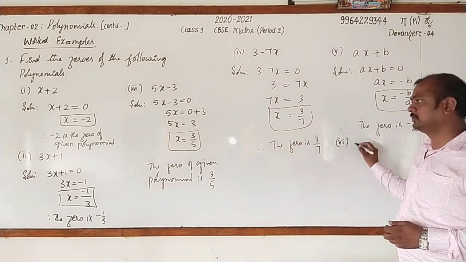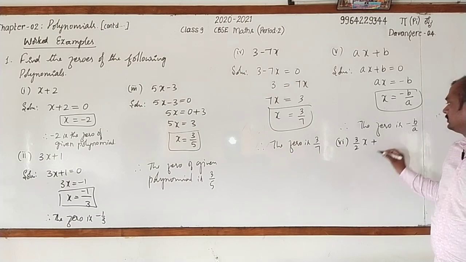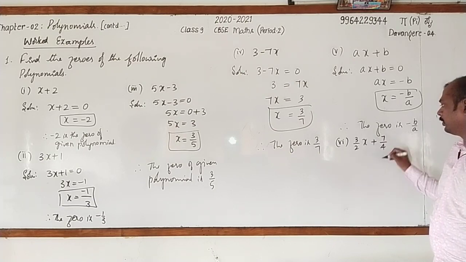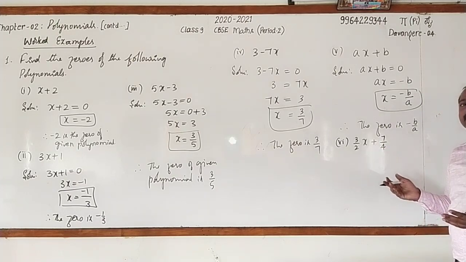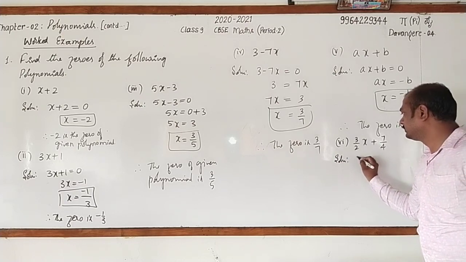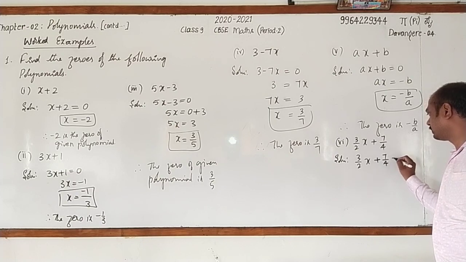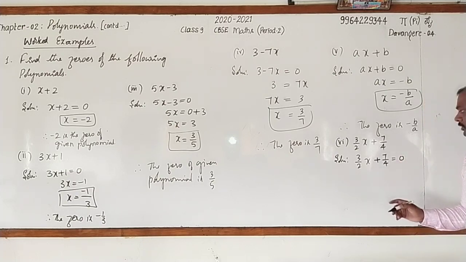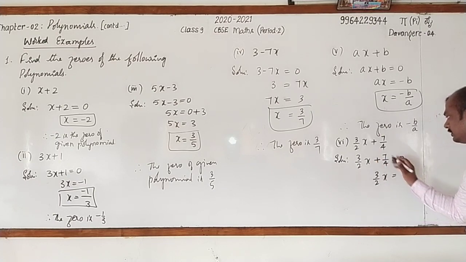That is the 6th one. It is 3 by 2x plus 7 by 4. Then how to find out the 0 of this polynomial? Again, finding the value of x by equating this to 0. I'll write it: 3 by 2x plus 7 by 4 should be equated to 0. Next, here I'll write 3 by 2 into x, transfer 7 by 4, the constant, to the right hand side: minus 7 by 4.